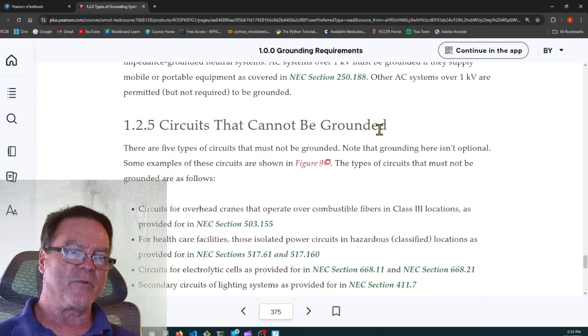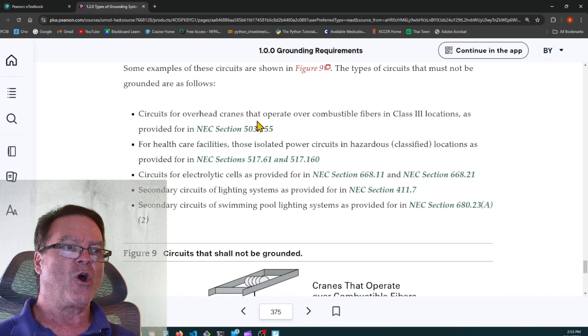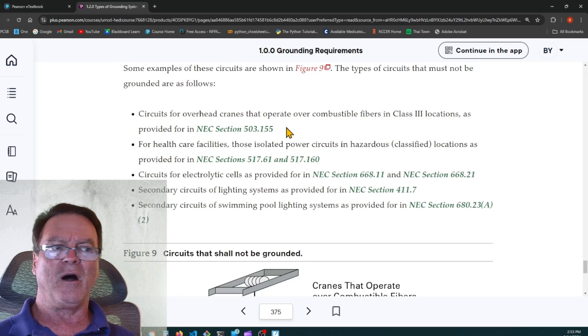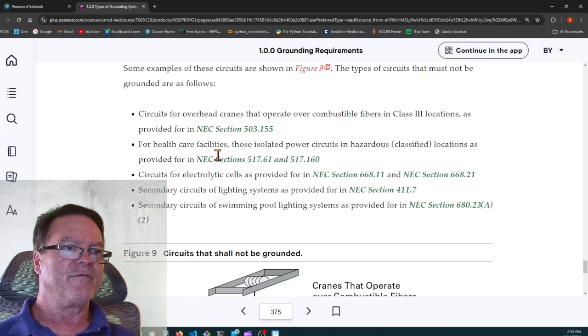Circuits that cannot be grounded. Circuits for overhead cranes that operate over combustible fibers in a Class 3 location cannot be grounded. They don't want to lose that crane operation and drop a load onto those combustible fibers. For healthcare facilities, those isolated power circuits in hazardous locations as provided in NEC Sections 517.61 and 517.160.